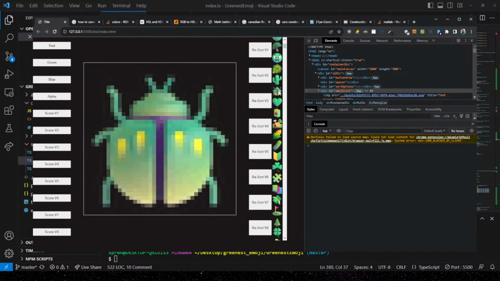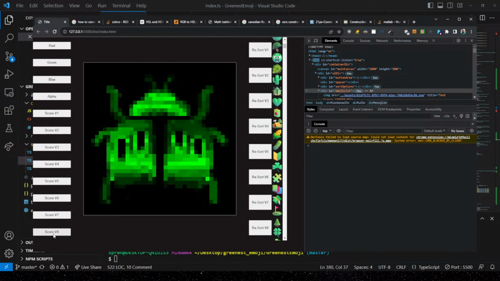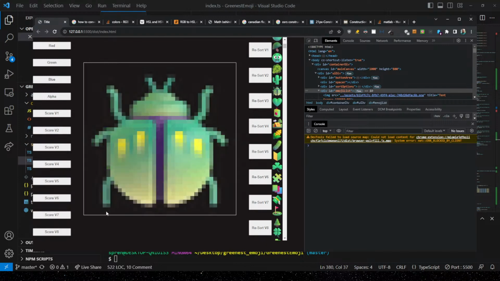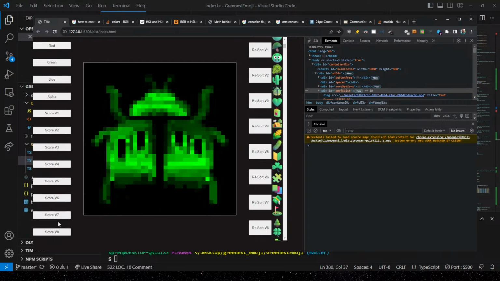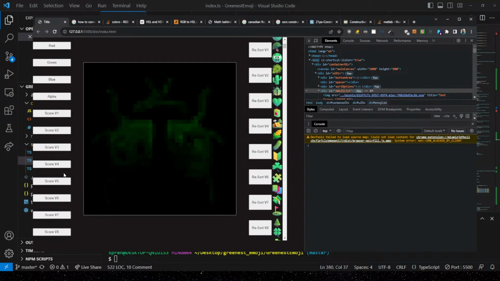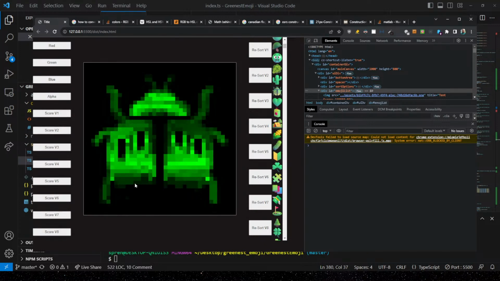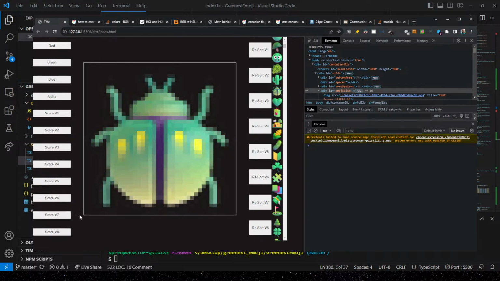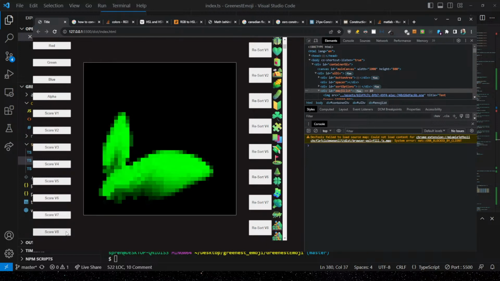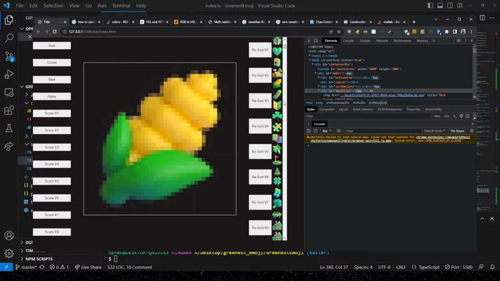This is green, right? That's cool. I'm impressed so far.